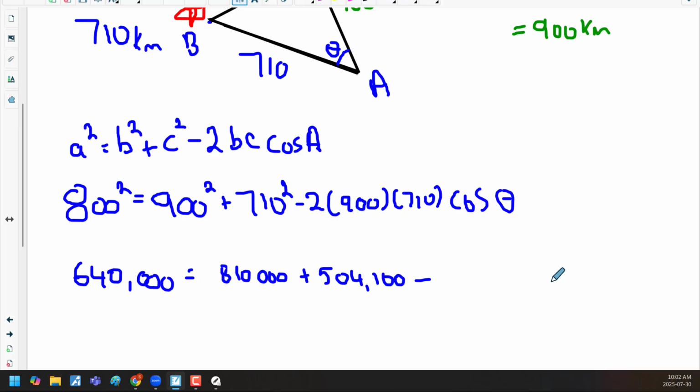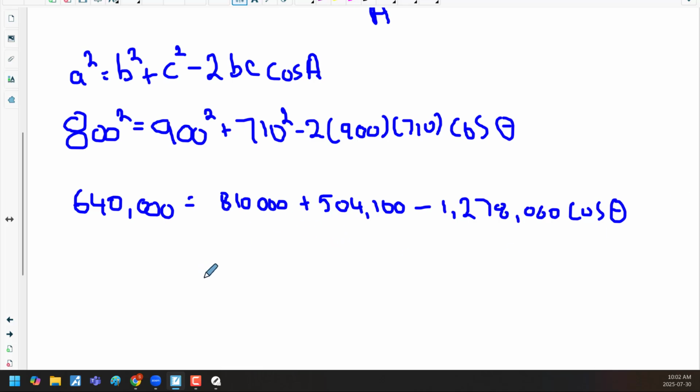Two times 900 times 710. Oh, this is a big number. 1,278,000. Okay. Add these numbers. What's 810,000 plus 504,100? That's 1,314,100.